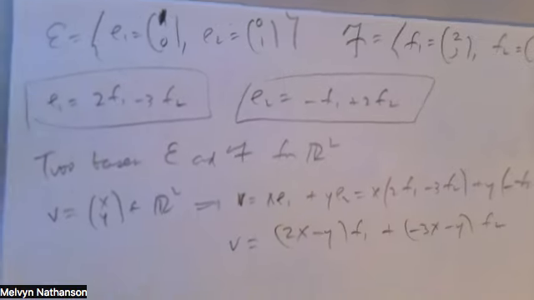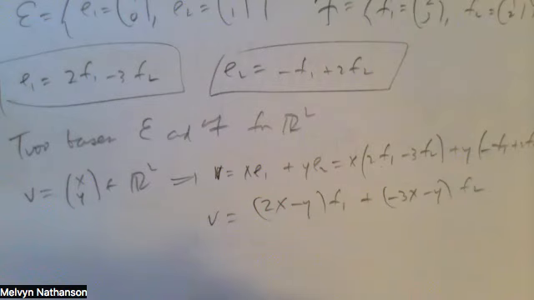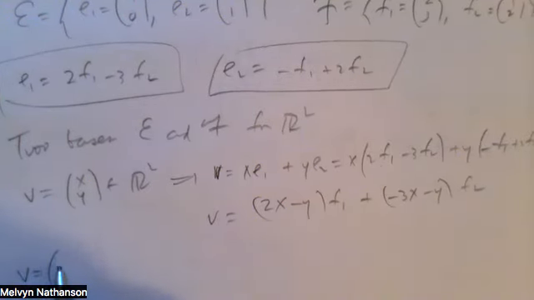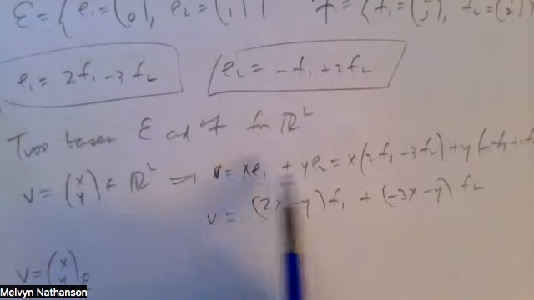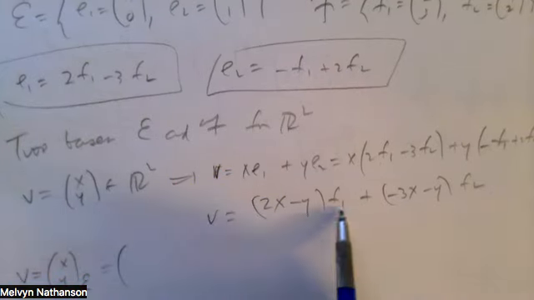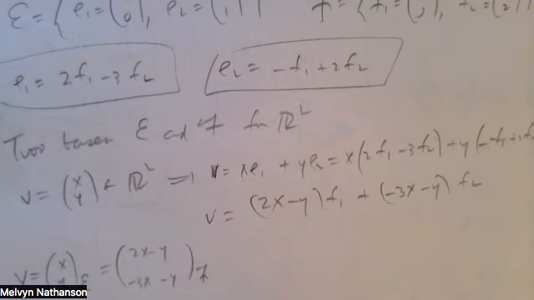Let's just analyze this a little bit more because it's interesting. We have this vector V. Its coordinate vector with respect to the basis E is xy, xe1 plus ye2. But its coordinate vector with respect to the basis F is 2x minus y, minus 3x minus y.